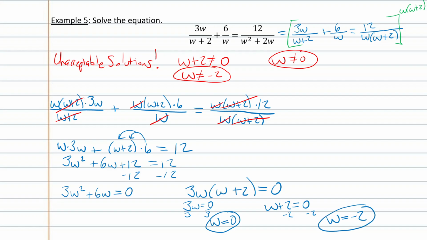But wait a minute. The solutions that I wound up with after solving are both unacceptable solutions. So what does that mean? Well, if the only solutions that I'm able to come up with that'll work for this equation are also unacceptable solutions, that means that overall, I have no solutions.